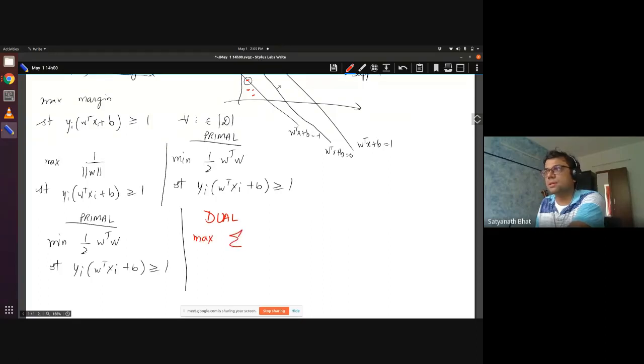maximize summation mu i minus half double summation, where i goes from 1 to n, and n is the number of data points, the number of training samples.